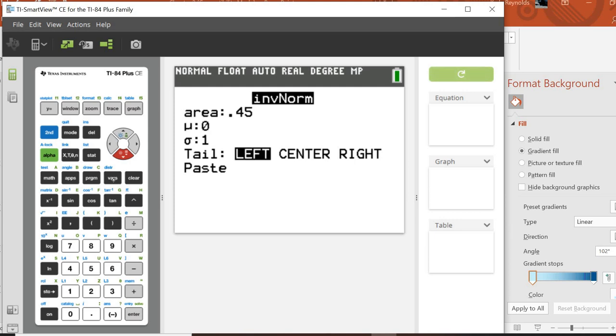And on all the newer calculators you can do left, center, right. Since we're doing percentile, that's always to the left of the z-score. Center would be if it's in between two values, or right is to the right.